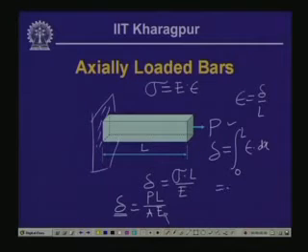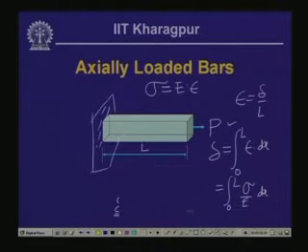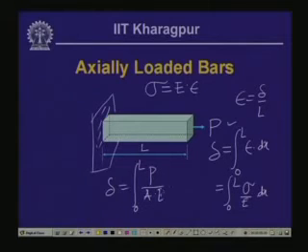So this is equal to the integral from 0 to L of sigma by E dx, and if we write sigma as P by A, then we have delta equal to the integral from 0 to L of P by AE dx.